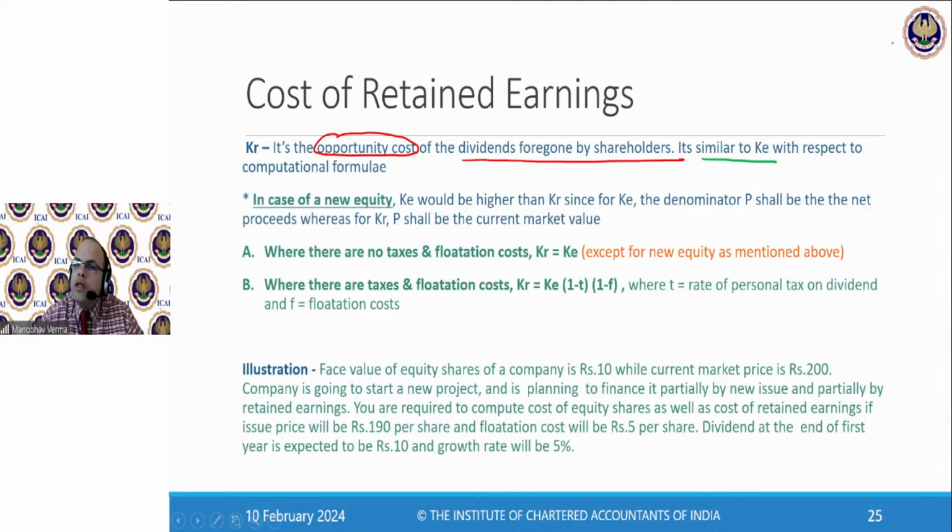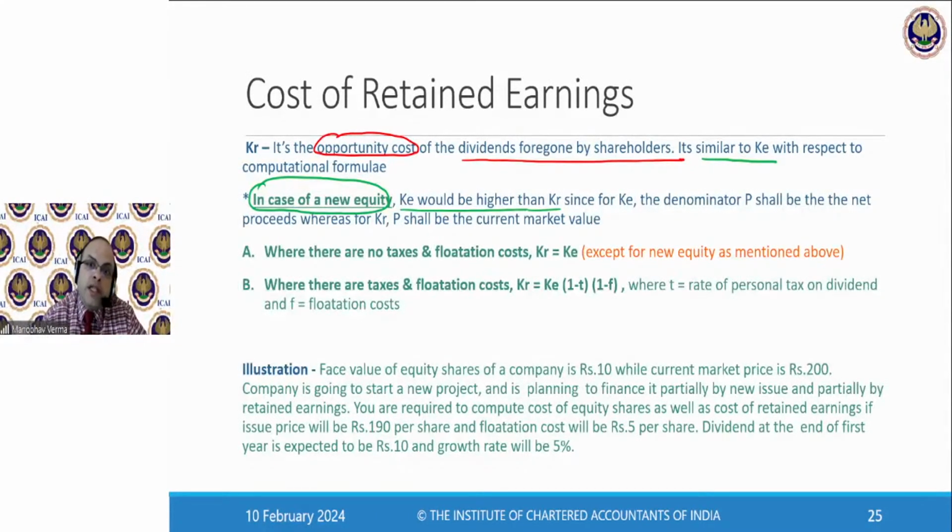Now, there could be a catch here when we talk about the cost of new equity or existing equity. If I talk about cost of existing equity, of course, there is no flotation cost attached to it. But if I talk about a cost of new equity, in that case, the cost of equity could be higher than cost of retained earnings, because cost of retained earnings is the amount with the company which is retained in the organization.